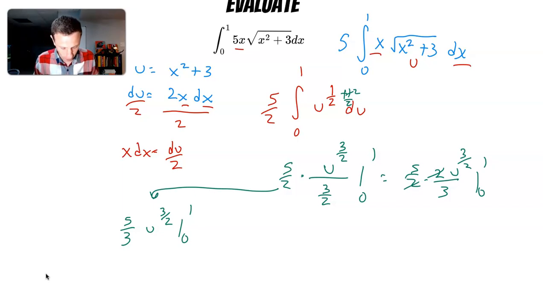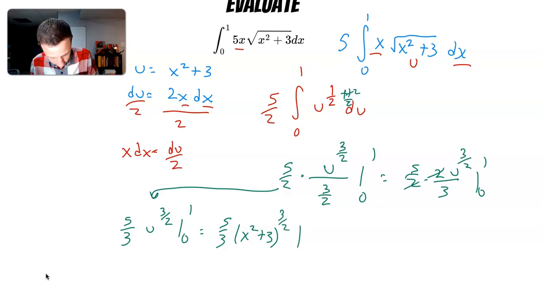All right, so I'm just going to go with 1. Now, before I start evaluating, you want to make sure you're taking back your u. If you're not changing the limits of integration, you want to change out u for the x squared plus 3. So I'm going to have 5/3, x squared plus 3 to the 3/2, from 0 to 1.